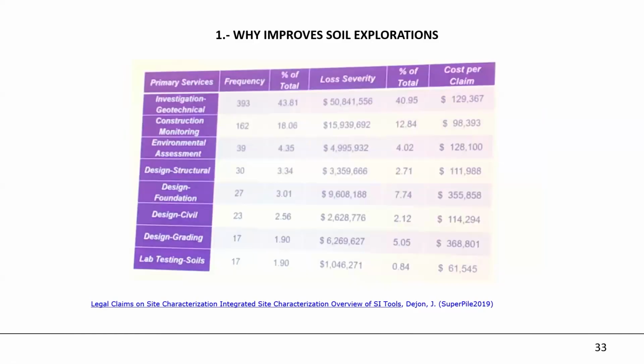And there is another piece of information from Superpile, and it's very similar to that from the insurance companies. Most of the problems are related to soil investigation and construction monitoring. Problems in the execution or quality of soil investigation are around 41%.